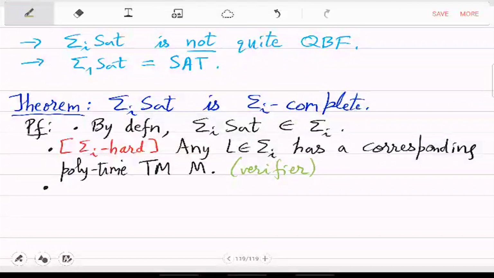That is what happens after all the I quantifiers. The verifier sits there, which is a polytime Turing machine. So convert that into Boolean CNF by the Cook-Levin reduction. And so what you will get is an instance of sigma I SAT. The proof is almost direct from Cook-Levin.